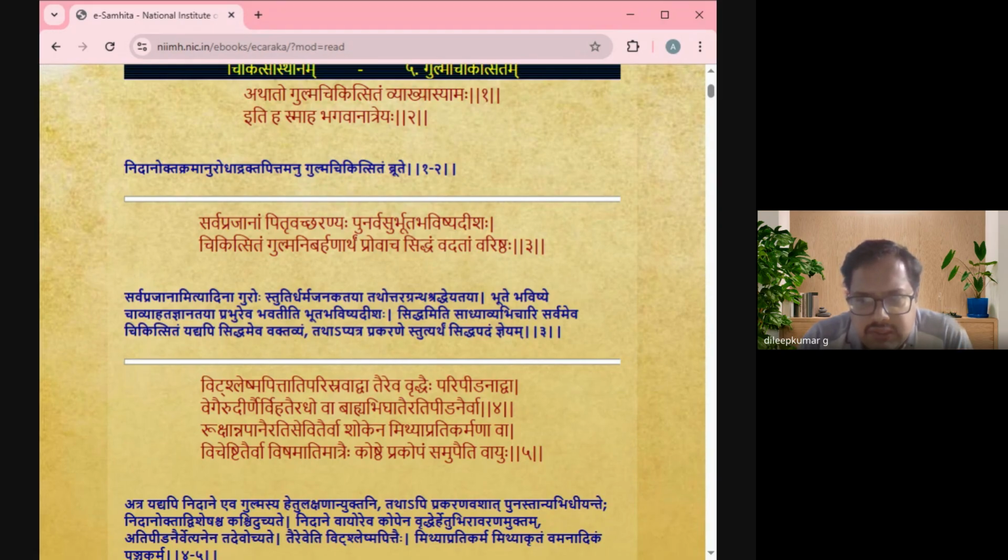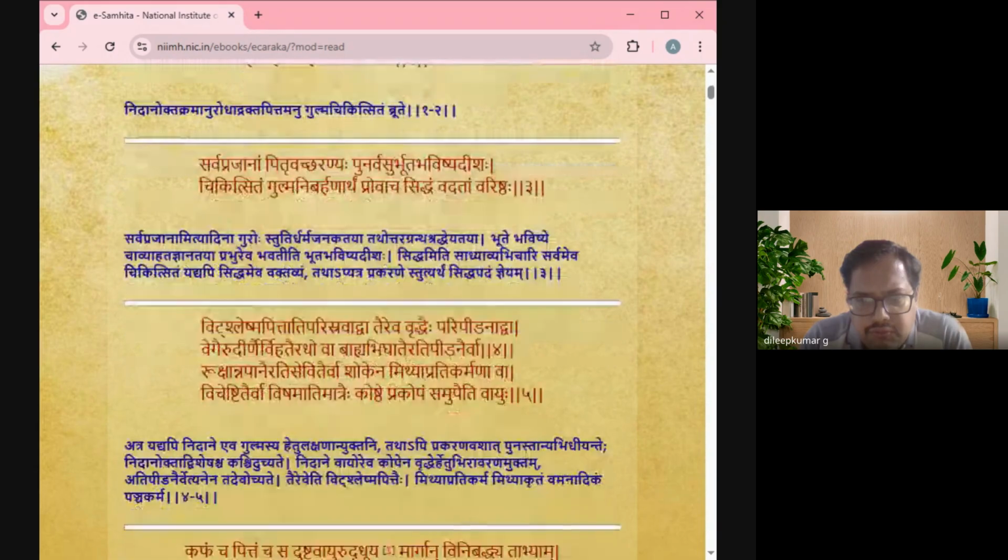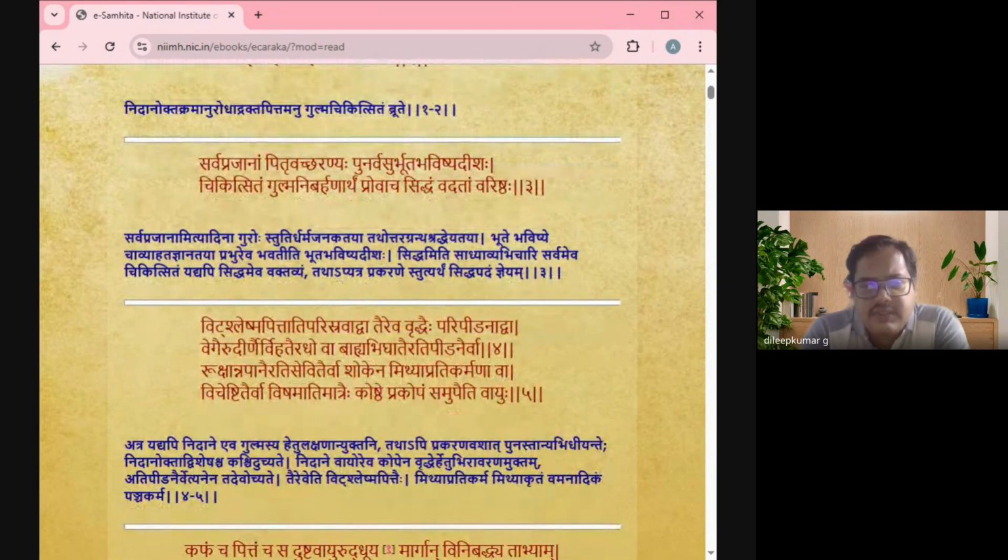So we'll start with shloka number 4, 5. These are the causative factors for gulma. Shleshma pitta ati parisravadva. If there is excessive evacuation of kapha, pitta, imagine there is a GIT tract with ample lubrication, ample mucus secretion, ample fluid secretion.